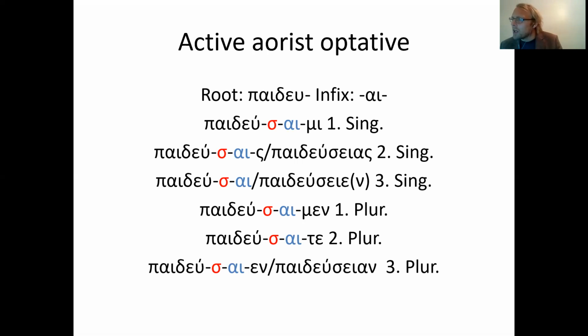So the full paradigm of the aorist optative active is paideusaimi in the first person singular, paideusais or paideuseias in the second person singular, paideusai or paideuseie in the third person singular, paideusaimen in the first person plural, paideusaite in the second person plural, and paideusaien or paideuseian in the third person plural.